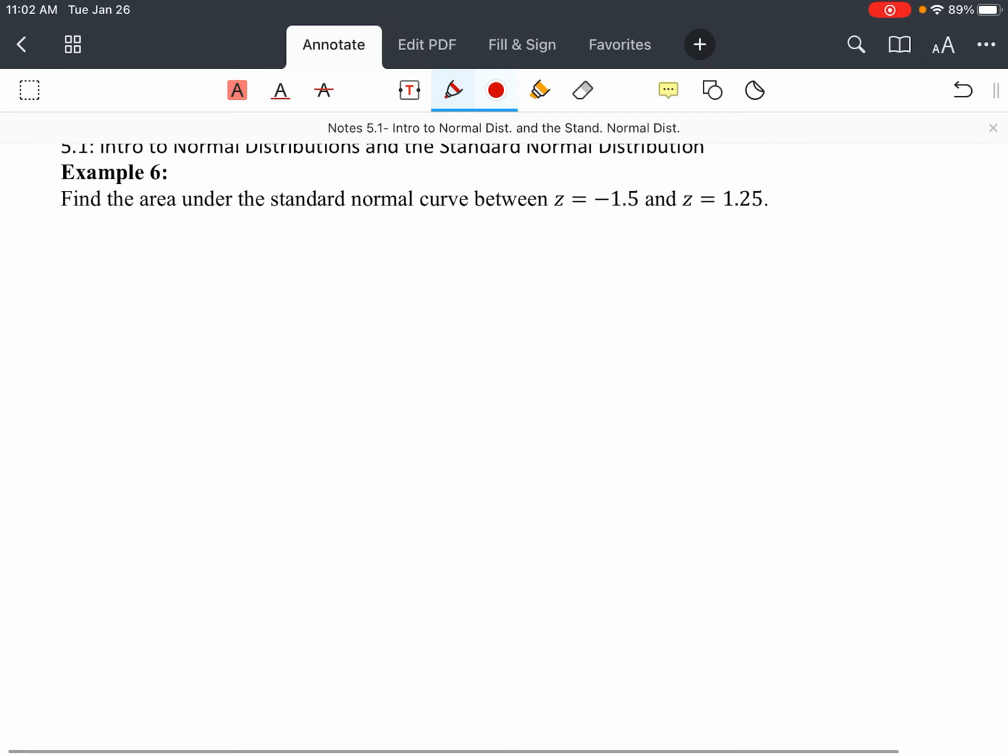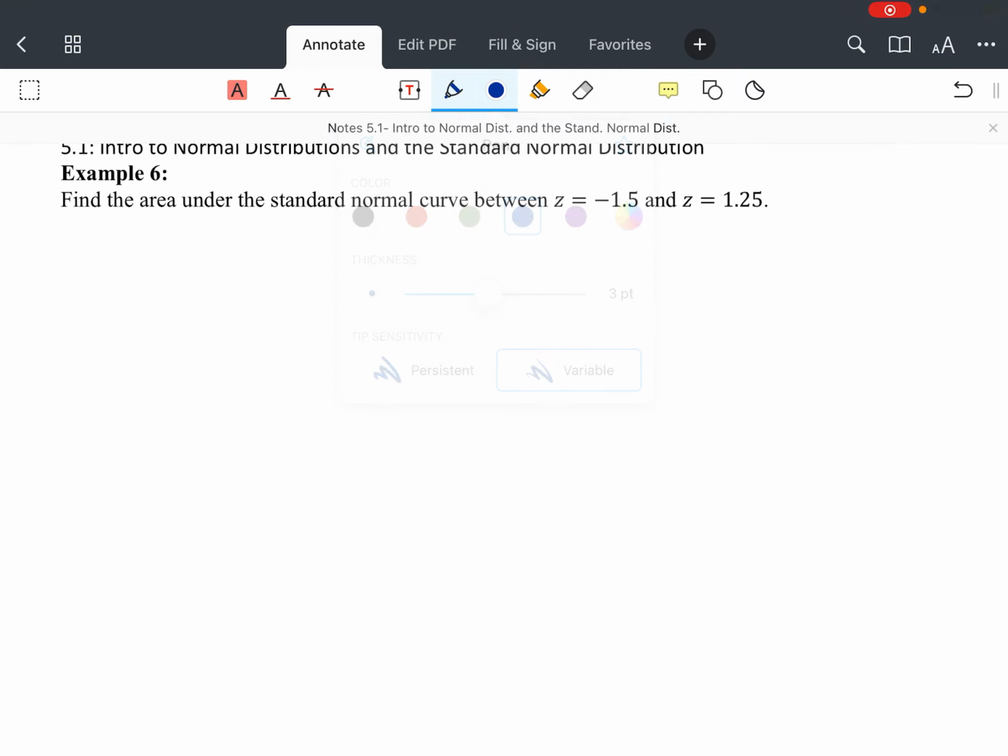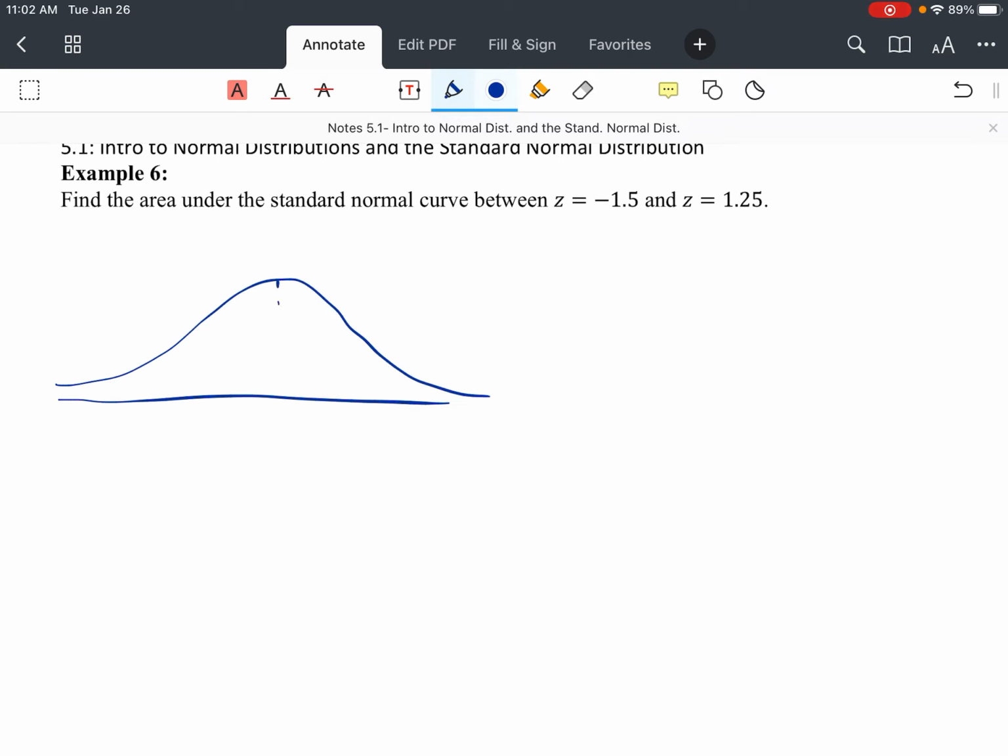All right, the last example. This time it says we want to find the area under the standard normal curve between negative 1.5 and 1.25. Okay, so again, I'm going to draw this out. I'm going to draw my curve. I've got 0 right here in the middle. It's going to be between these two values, so I know that negative 1.5 is about right here, positive 1.25 is about right here.